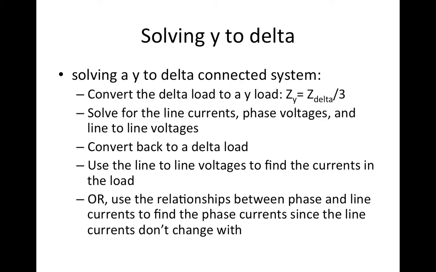So how do you solve for things in a Y to delta configuration? The easiest thing to do is to convert your delta load to a Y load. And the way to do this is to take each impedance in each leg of the delta and convert it to a Y impedance. And you do that by taking the amount of the impedance and dividing by 3.